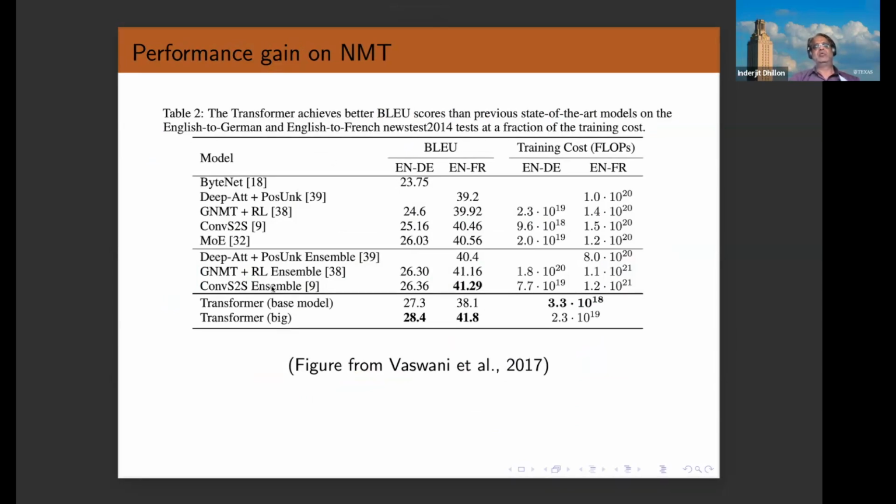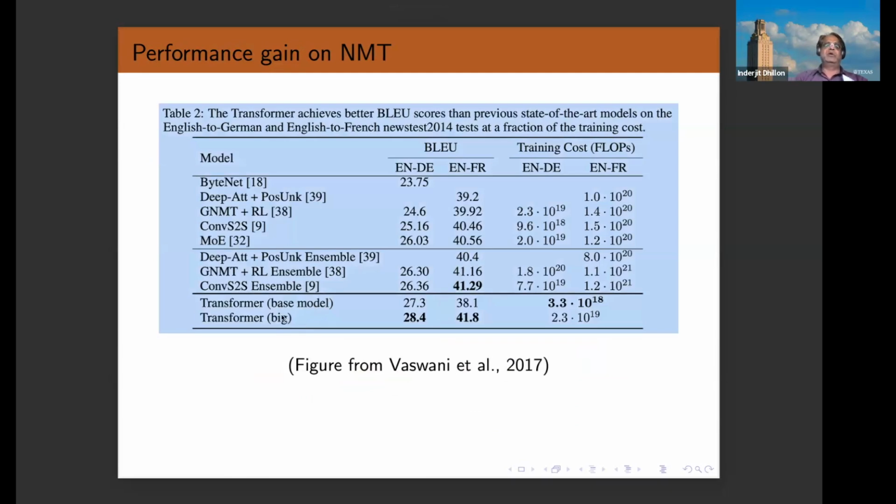They had two sizes of transformer models, a base model, which was smaller, and transformer big, which was bigger, and they saw that this gave much better results than previous architectures, some based on convolution networks, some based on other kinds of attention, but not the transformer architecture. These are some BLEU scores, and of course these numbers are from 2017, much older. The transformer was proposed as an encoder decoder architecture, and now people use just the decoder architecture.